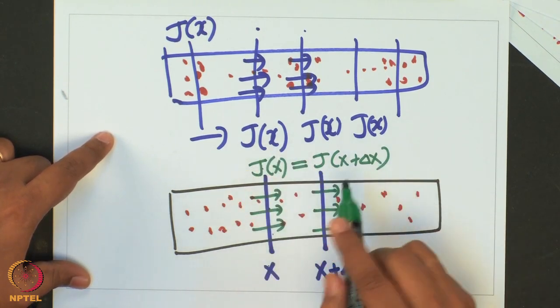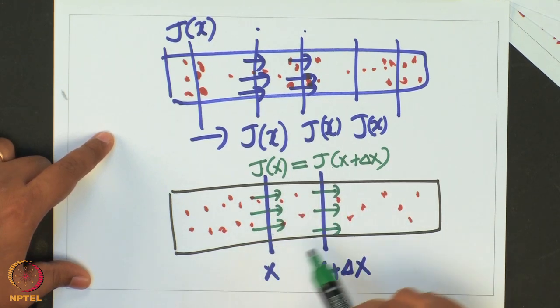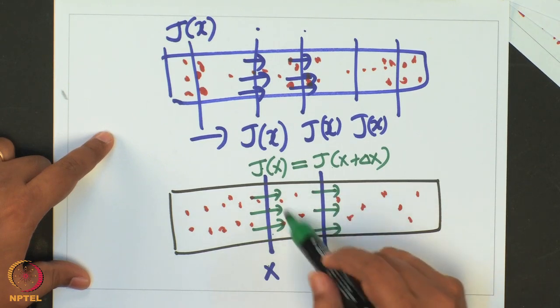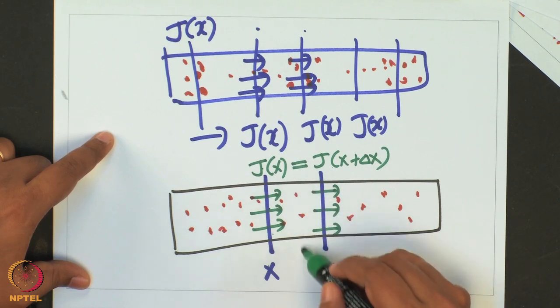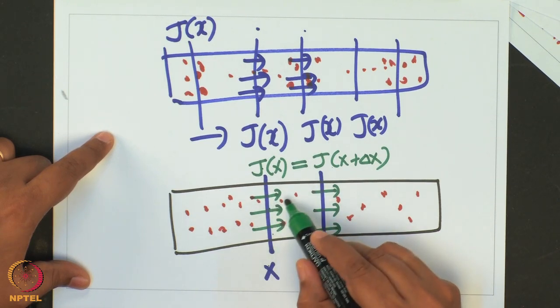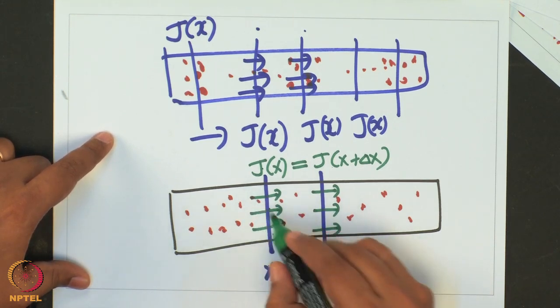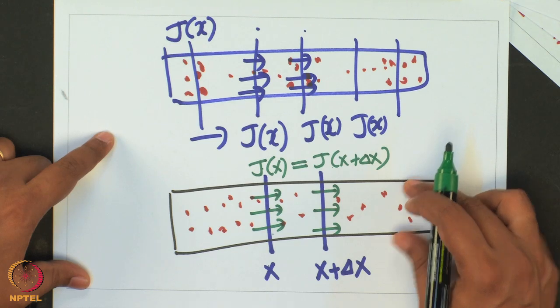If this current is equal to this current in both direction and magnitude, the concentration of the red proteins in between will remain unchanged. So the change in concentration here will be 0, that means it will not change with time. That means 300 particles came in, 300 particles went out.